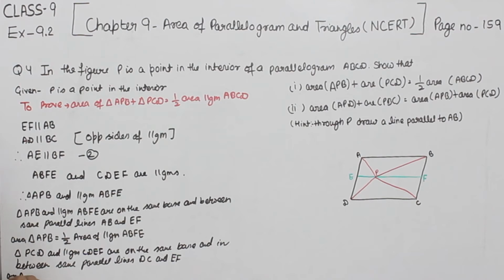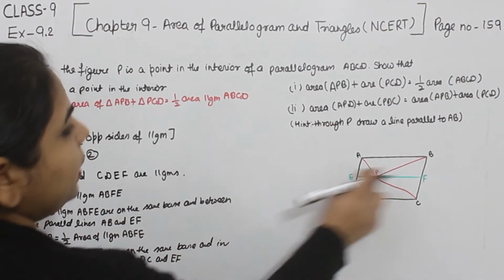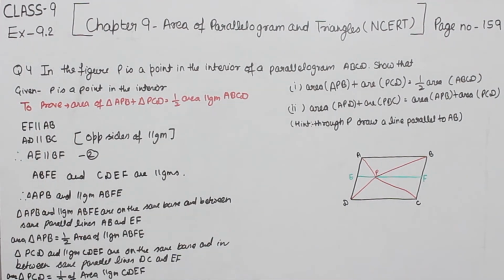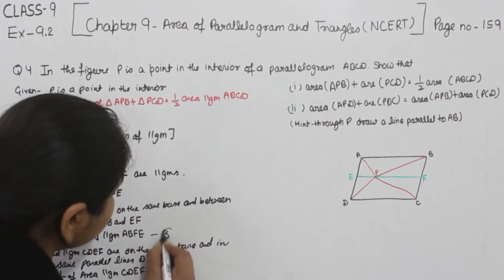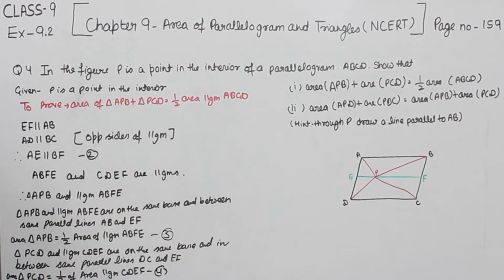So the area of triangle PCD is equal to half of the area of parallelogram CDEF. So now we have these two equations. This is equation number 3, and this is equation number 4.